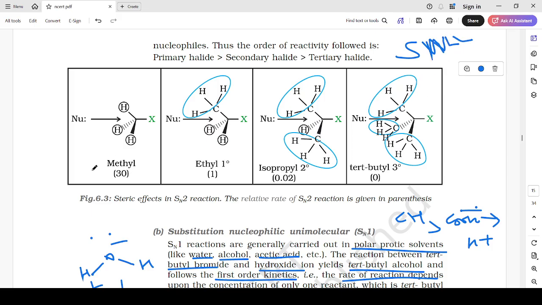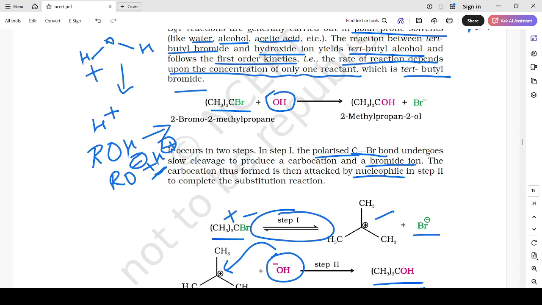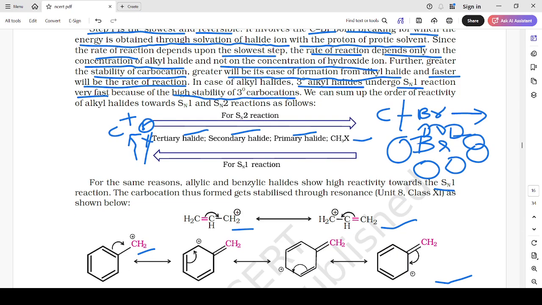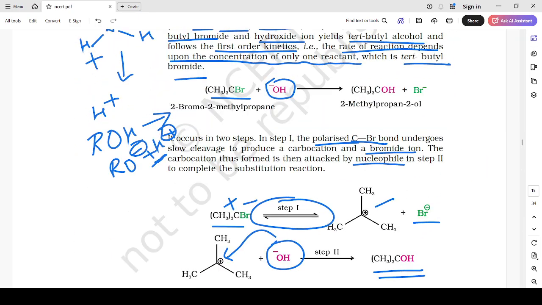For the SN2 mechanism it is methyl, ethyl, isopropyl, and tertiary butyl. You can look at the values. They are showing you the rate, how much they will react. Understood?